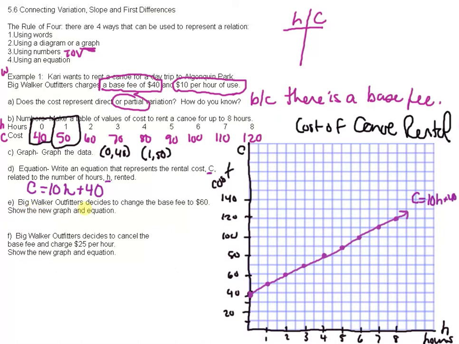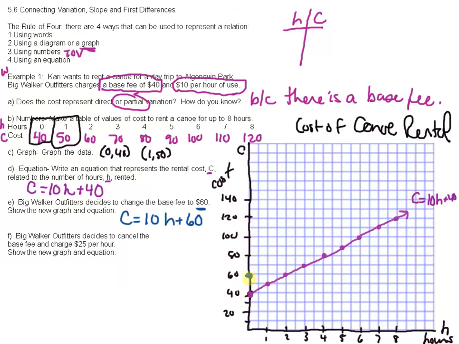Okay, Big Walker Outfitters decides to charge a base fee of $60 now. So what actually changes? C equals something H plus something. Which one changes? Does the $10 an hour change, or does the $40 flat fee change? Well, the $40 flat fee changes because now they're going to charge $60. So if we were to graph this, we can just pattern this because it starts at 60.